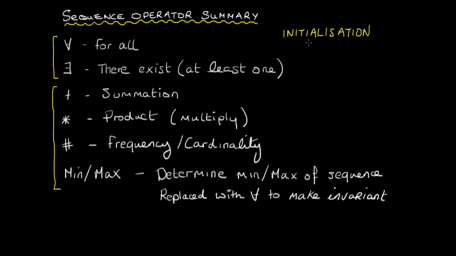How do they behave over an empty range? That's one of the things that's going to be very important. And the second thing is, how do these operators behave when we are in the loop body, deriving the loop body, and we need to use the split off rule? These two things are very important, and that's what we're going to concentrate on.